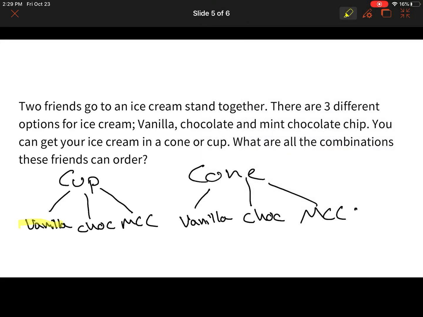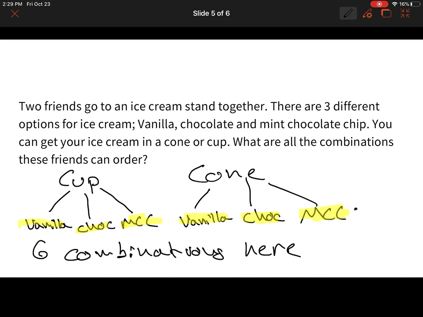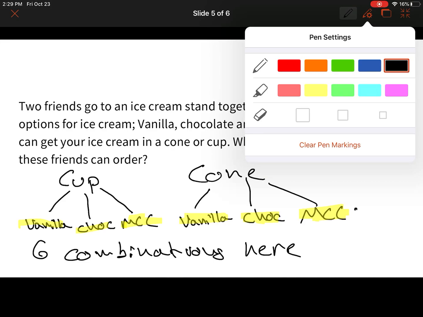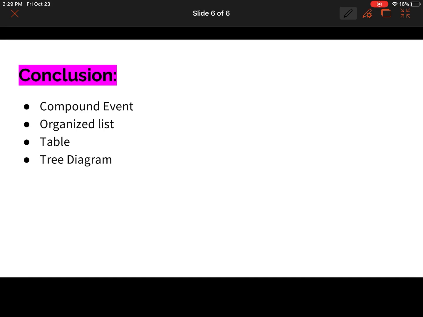So those are all of our outcomes here, right? So let's just go ahead and count them. Well, cup has 3: vanilla, chocolate, and mint chocolate chip. So does cone. It also has 3. So that means there are 6 combinations at this ice cream stand.